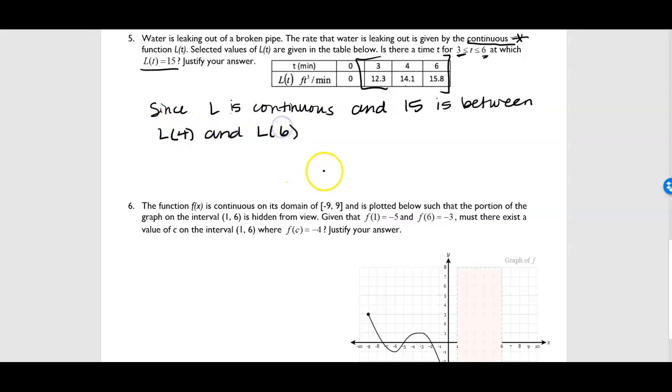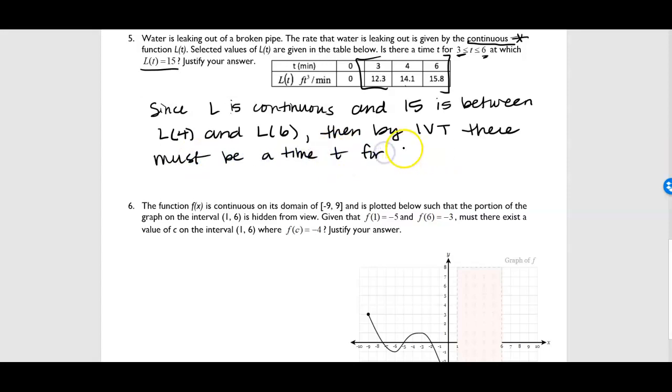I could also say L of 3 and L of 6, that's true. Then by IVT, there must be a time t for t between 3 and 6, at which L of t equals 15.